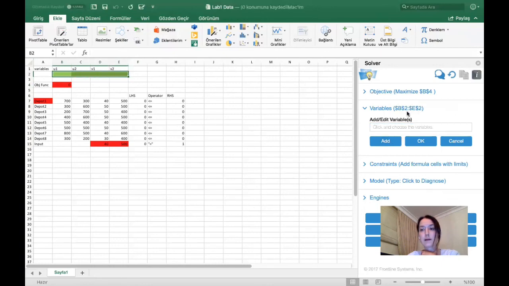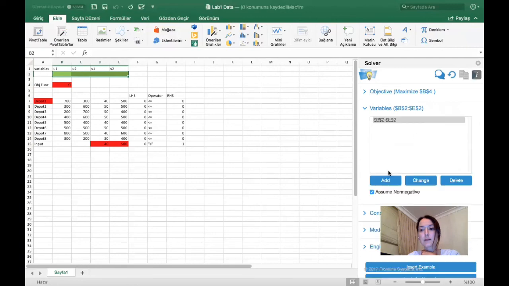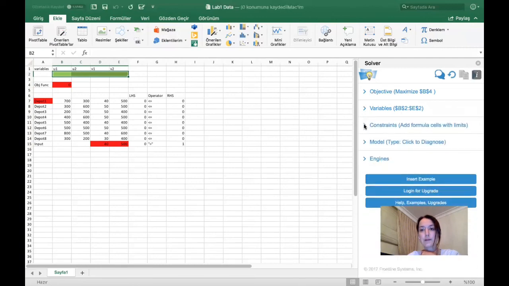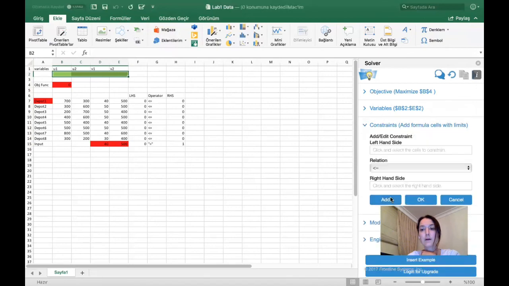Okay, and these variables are assumed to be non-negative. And now I can add my constraints. As I told before, I can insert all less than or equal to constraints together. So the left-hand side is this one. It is less than or equal to constraint, and the right-hand side is given here.